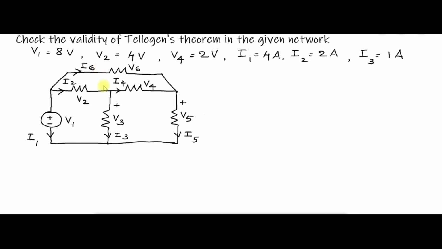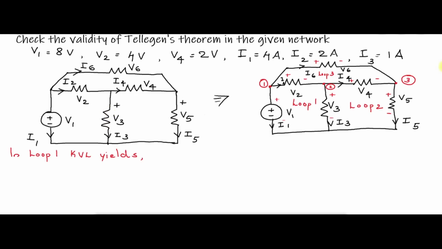First, we can redraw this circuit by assuming loops and nodes. So, we have redrawn this figure in this manner. In the same figure, we have created loops and nodes. For KVL, we have assumed 3 loops. First loop is this one, loop 1. Second one is loop 2 and third one is loop 3.